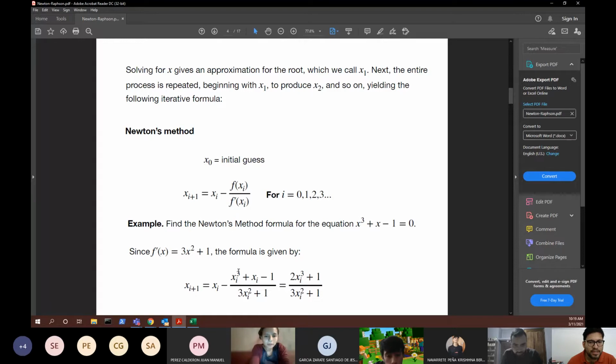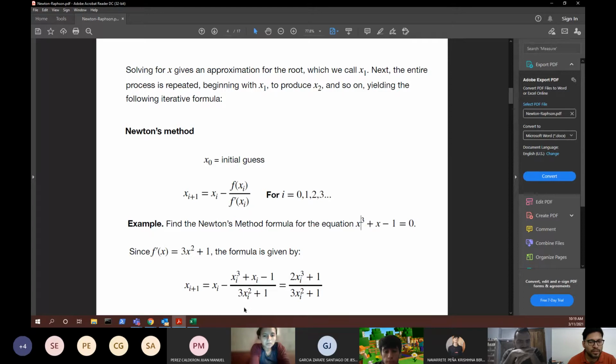And this is going to be divided by the derivative, which in this case is equal to 3xi squared plus 1. If we make some algebra in this formula, multiplying this one times this one and 1 times this one, you'll see that we obtain this formula at the end.